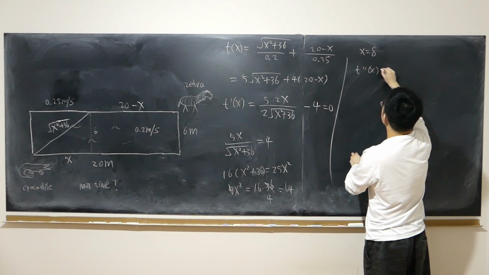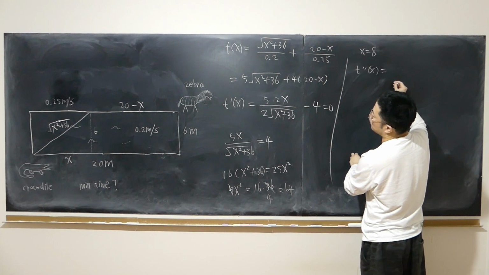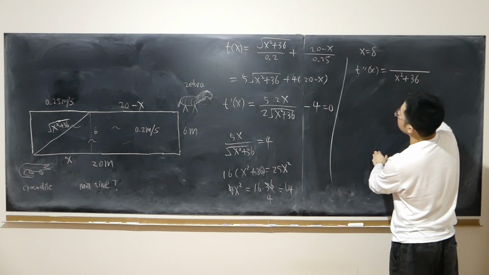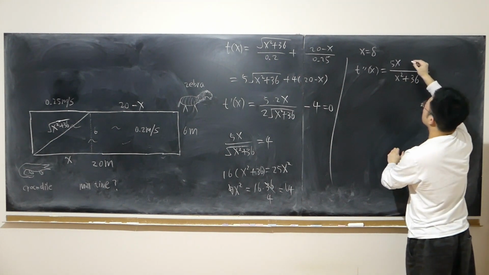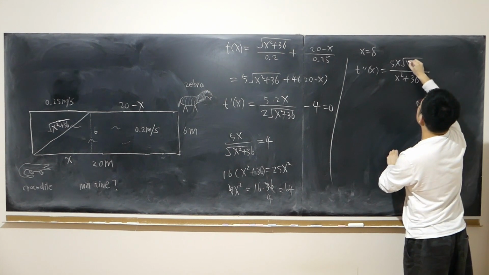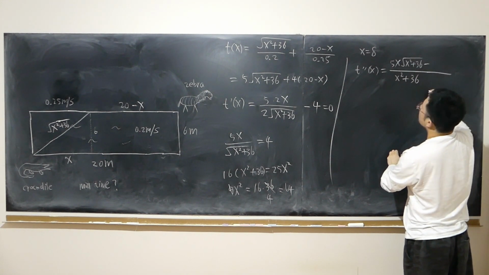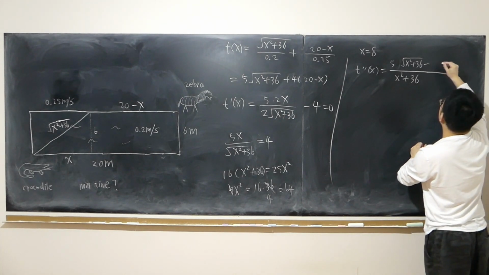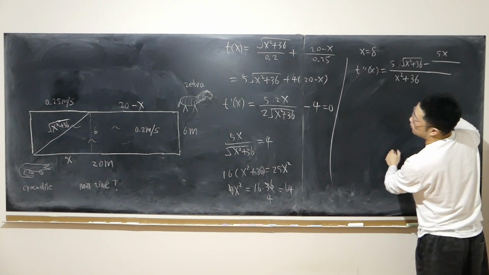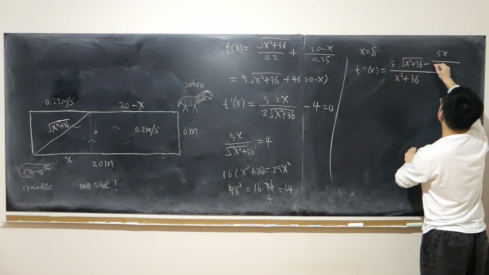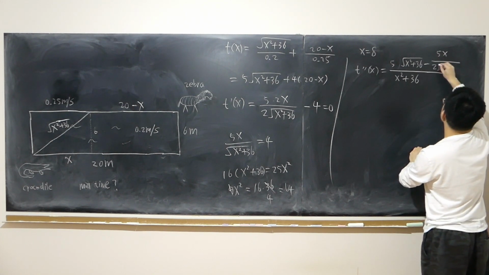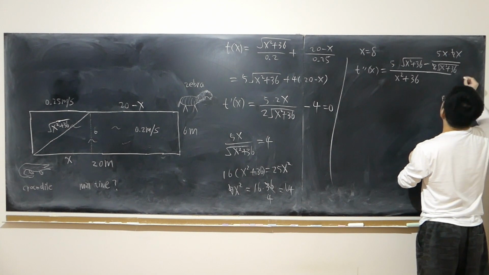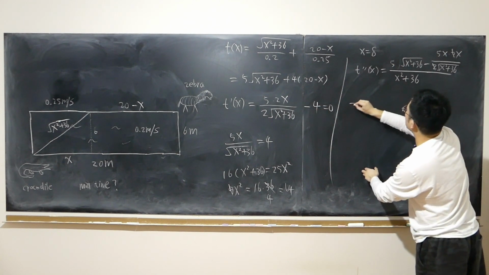T double prime is equal to, 5 times the square root of x squared plus 36, then minus 5x, the derivative of that is half of the square root of x squared plus 36 times 2x, chain rule. 2 and 2 gone. And this becomes 0.